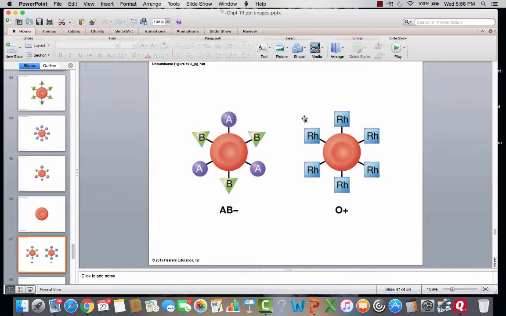We'll see this when we type blood in lab. The antibodies that we use to determine whether or not we have the antigen on the surface of our cells are called anti-D antibodies or anti-Rh antibodies, excuse me. I hope that didn't confuse you.